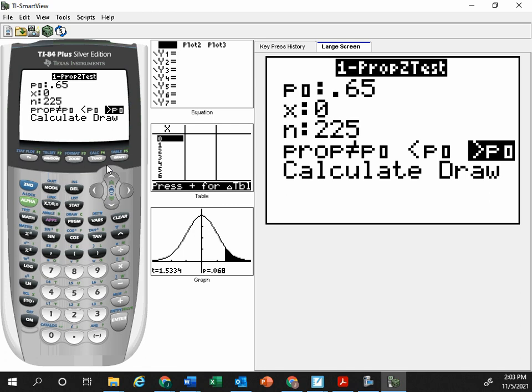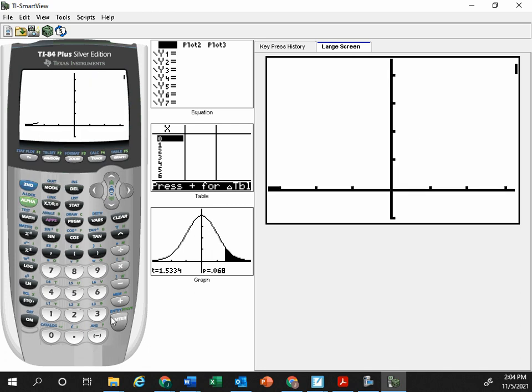You calculate it when you do the test for normality, so it's not that big a deal. It's just 0.69 times 225. All right, and do we want not equal to, less than, or greater than? Greater than, good. And I will pick draw.